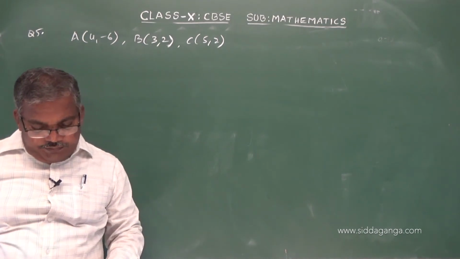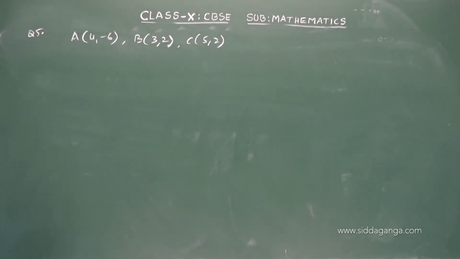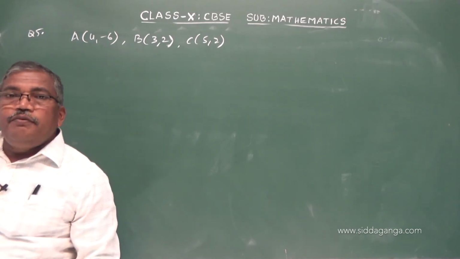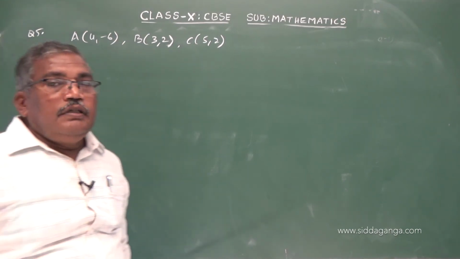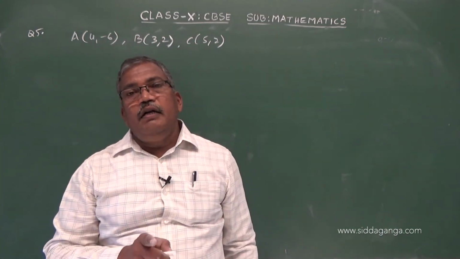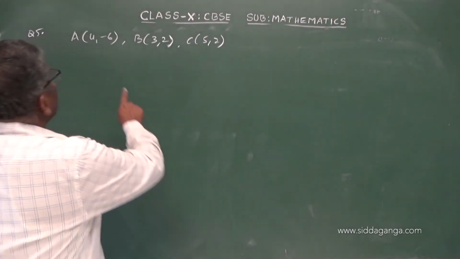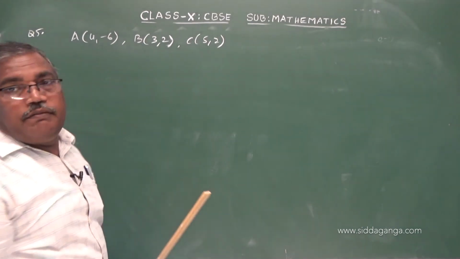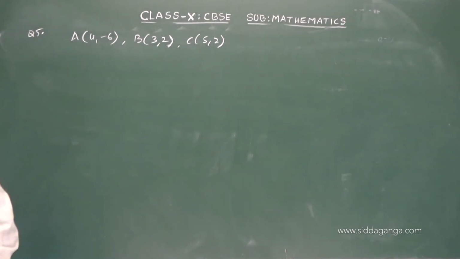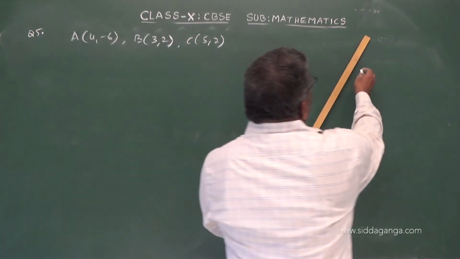So here what is given is the vertices of a triangle, and we are supposed to verify the criteria that the median of a triangle divides the area into two equal parts. So these are the 3 points given. What we have to do is draw a triangle here.